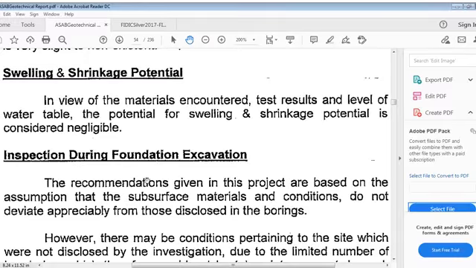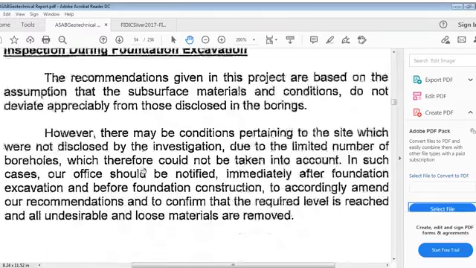Inspection during foundation excavation. Recommendations given in this report are based on the assumption that subsurface materials and conditions do not deviate appreciably from those disclosed in the borings.